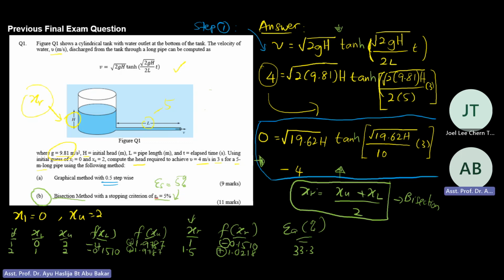Proceed with your calculation until your EA is below 5. Your answer for bisection should not deviate too much from answer A.